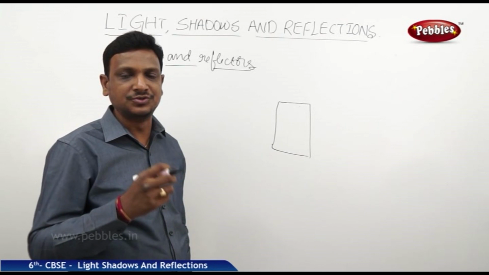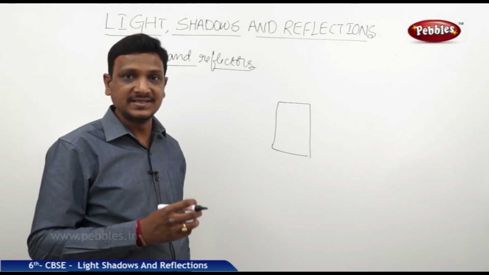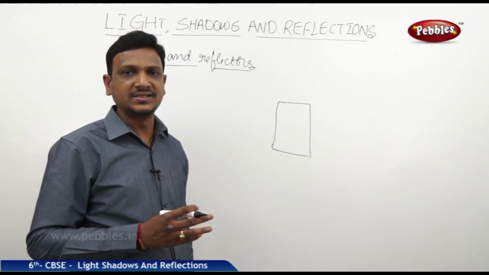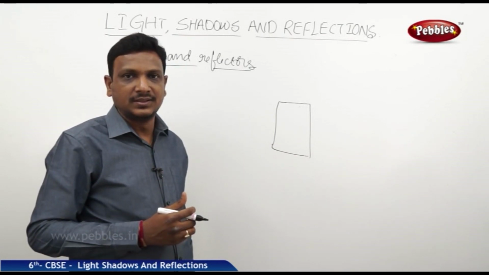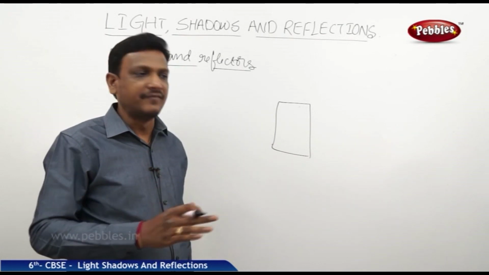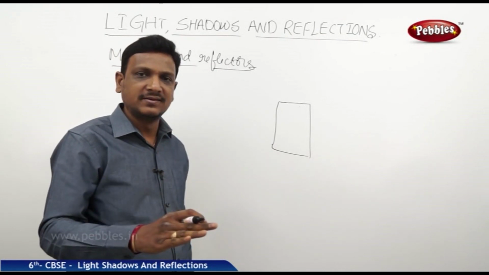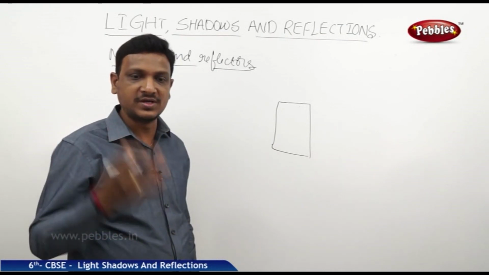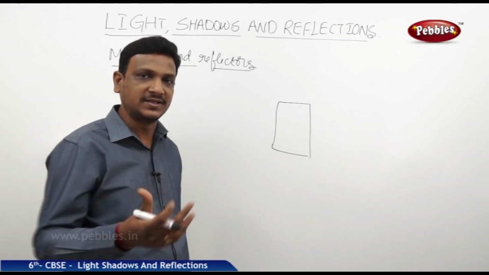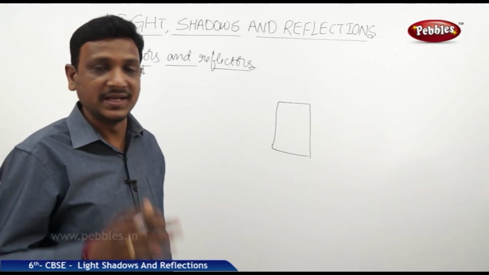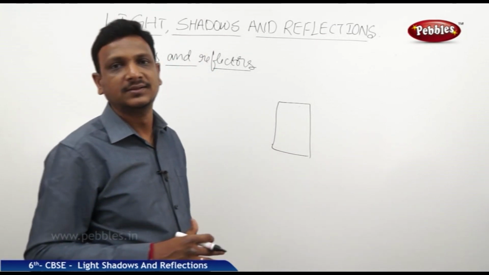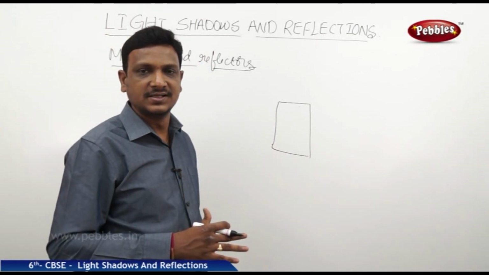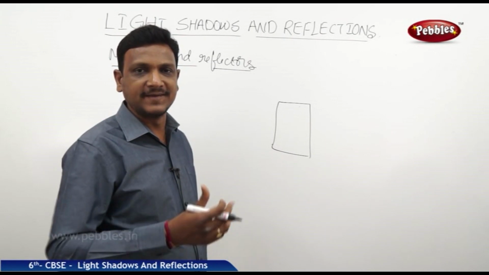Some light is absorbed. Some light is refracted. That means all light is not exactly reflected. In only some cases, when the surface is very plain, then the whole light is reflected. Whatever light is falling on it will be reflected when the surface is very plain. So likewise here we have a mirror, such a very plain surface. When light falls on that, it gets reflected.